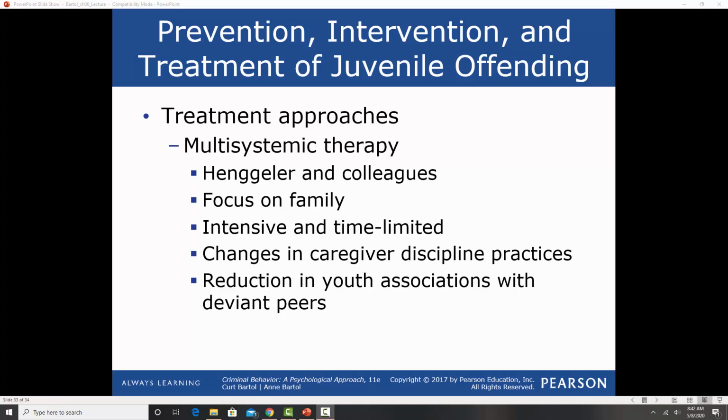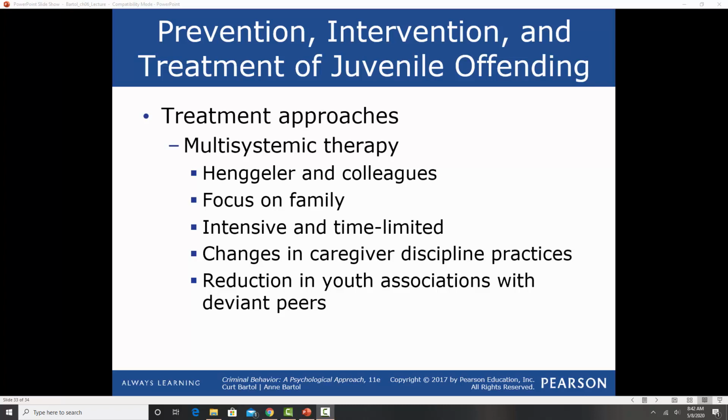So it was 50% recidivism rates, which is still pretty high, for the multisystemic therapy participants, but 81% for the juveniles that did not engage in the multisystemic program.